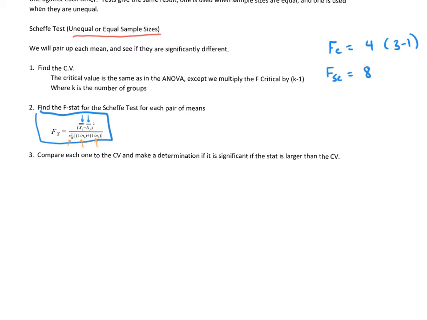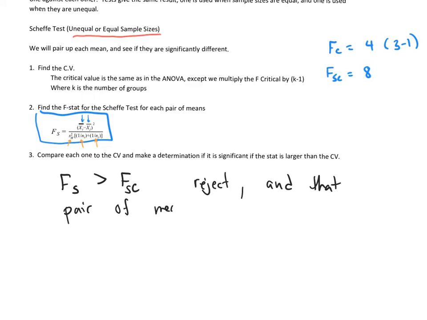And then finally, we're going to compare each one to the critical value and see if it's significant if its stat is larger than the critical value. So if your F-Scheffé test is greater than your F critical for the Scheffé, then we'll reject, and that pair of means is significantly different.